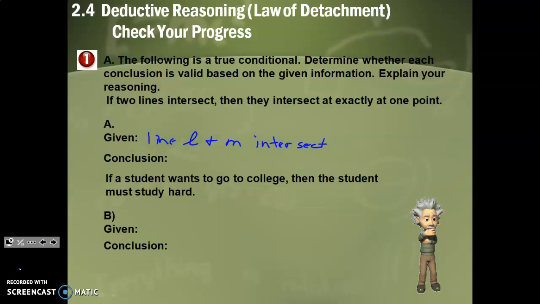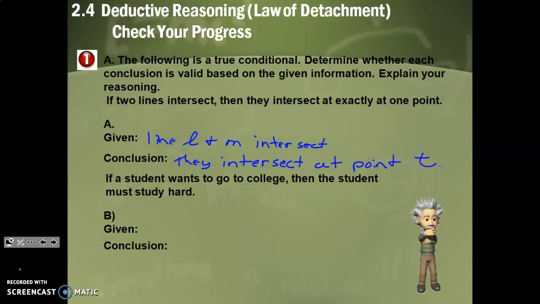So what conclusion could we make if L and M intersect? Well, then they intersect, and we could say they intersect at point T, we'll say. Okay, so that would be a conclusion we could make.